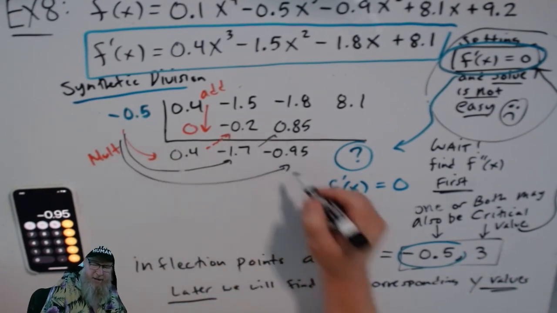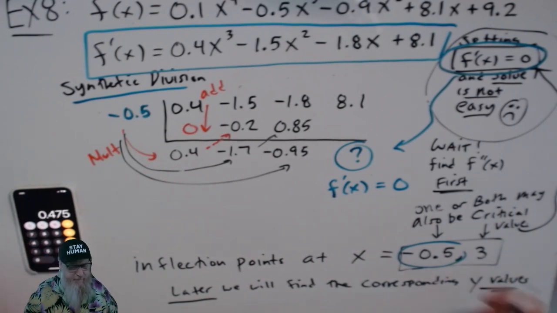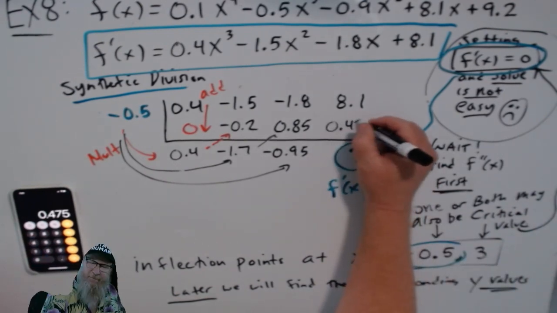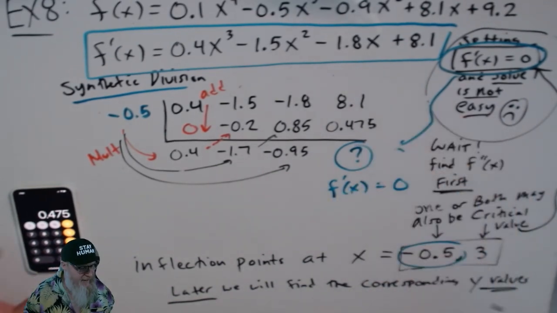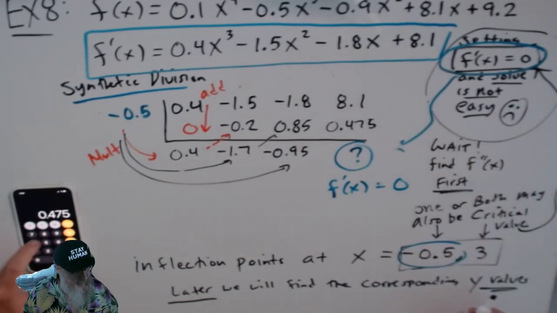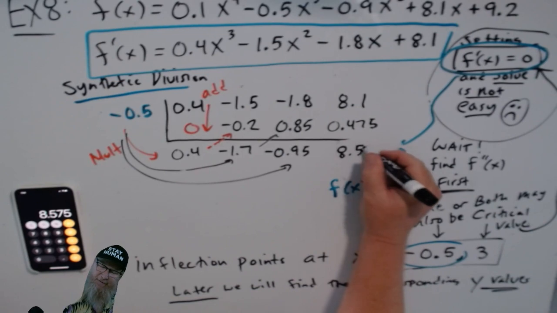Then you multiply again. Times negative 0.5, 0.475. Then you add 8.1. And you get 8.575.